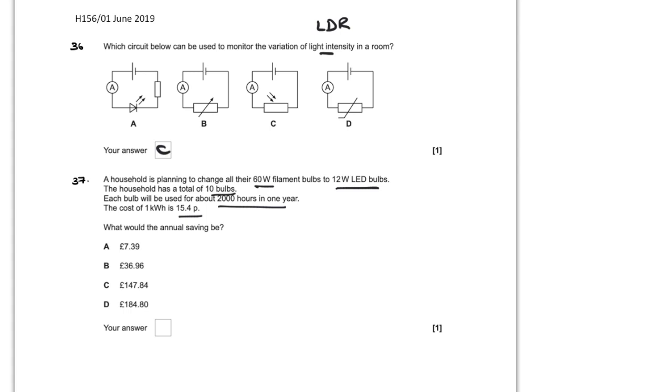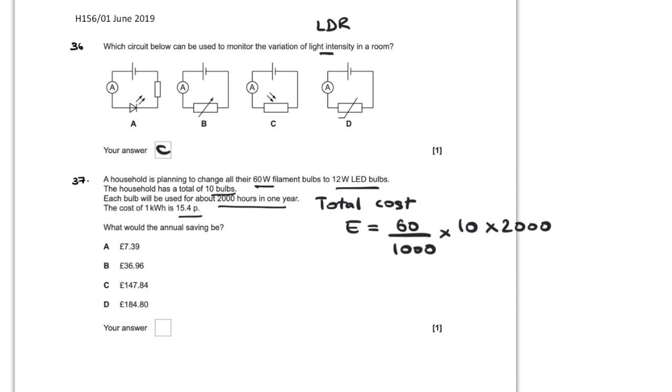For the 60 watt filament lamp, the total cost is going to be equal to, we need to find out first of all the energy. The energy transferred will be 60 watts, divided by 1,000 to get it into kilowatts, times 10 because there are 10 bulbs, and for 2,000 hours.